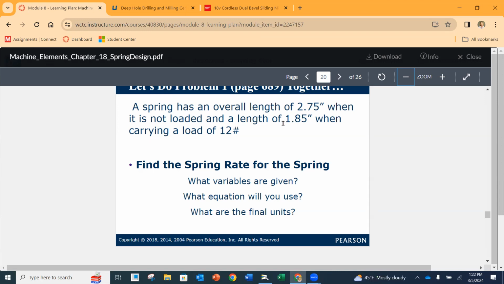So it doesn't necessarily need to be one or the other. We're going to say LO is equal to 1.85 inches. And our corresponding force at that operating length, compressing it, is FO, and that's 12 pounds. Okay, I'm going to go back underneath my camera here.